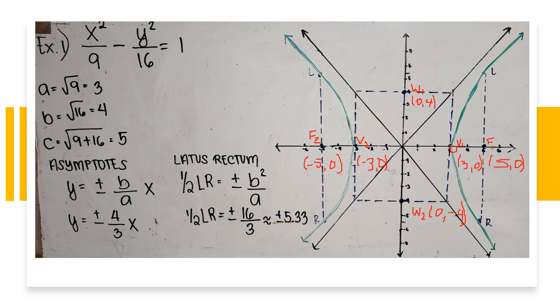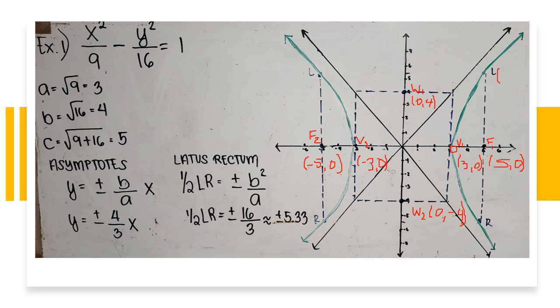So that is positive and negative 16 over 3, approximately equal to 5.33. So from the focus, you just count 5.33, approximately from this point. So you can now label it.